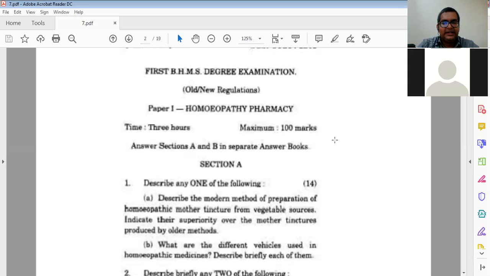Indicate the superiority of the modern method over the mother tincture prepared by the old method. So what is the superiority of the new method over the old method?